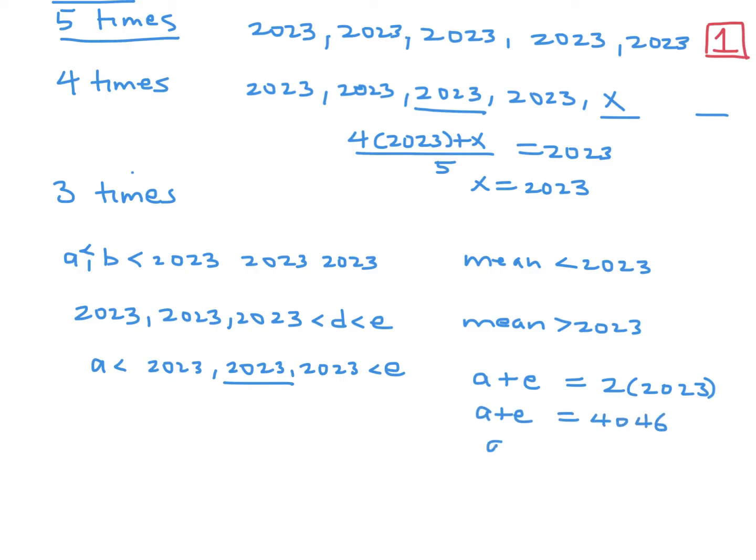And then, for example, if A is 1, E would be 4045, right? And then if A is 2, E would be 4044, and so on, all the way till you get to 2022 for A and 2024 for E. Now, you can't go further because, remember, A is less than E. And if you look at those, there's 2022 such scenarios.